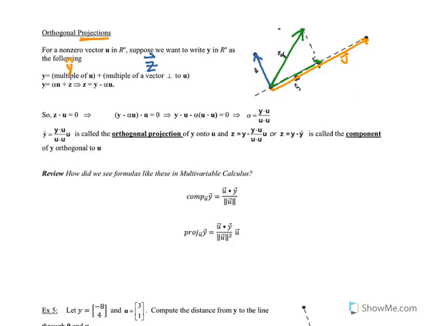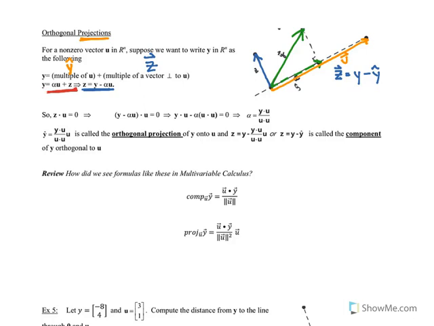So if I do a little math off to the side, don't forget, you can solve for that orthogonal piece if you know y, and you can find the projection of y onto u. Okay, so another way to describe this is y equals some scalar times u plus z, that perpendicular vector. And again, z will be equal to y minus that scalar times u, or y hat, whatever you want to call it.